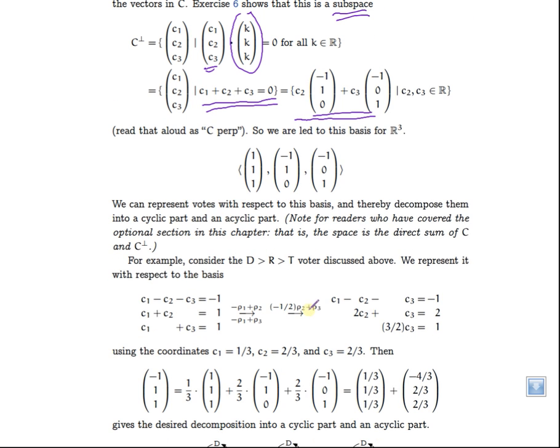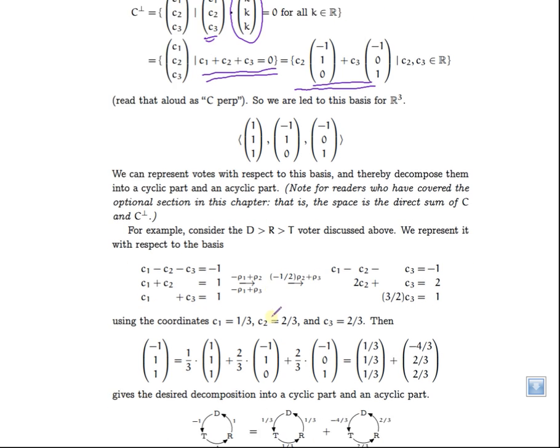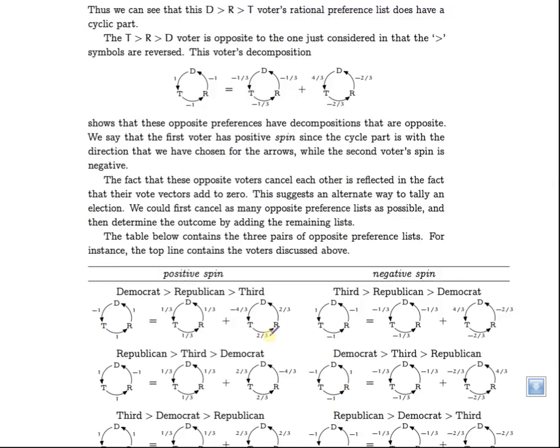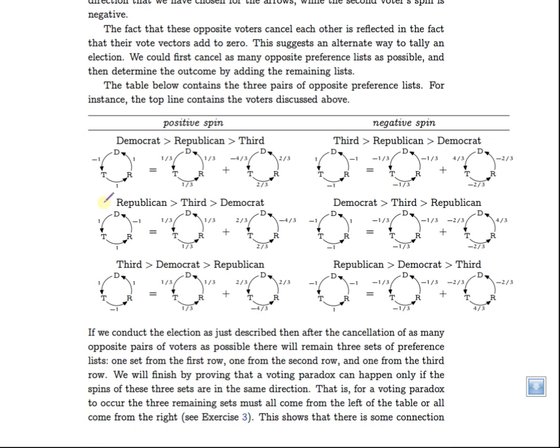Okay. Now, we have all of these preference voting vectors. Let me just go directly to the table. These 6 possibilities here, 1, 2, 3, 4, 5, 6, represent the possible preferences for an individual voter. Now we can decompose this into the basis that we have just defined.